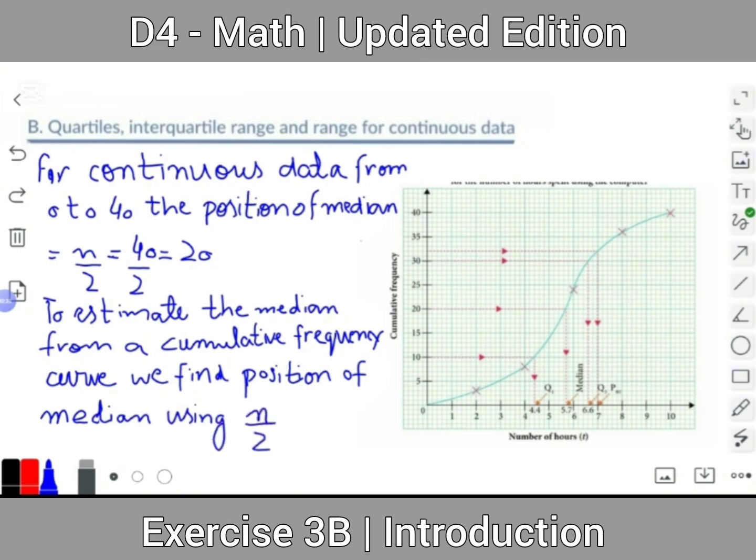And for discrete data, to find the position of the median, we use n plus 1 over 2, as we have already discussed.